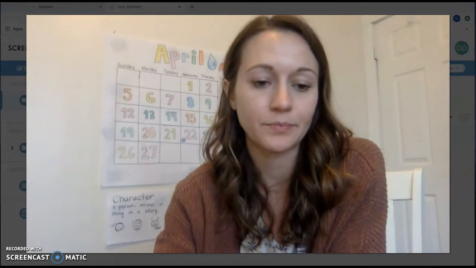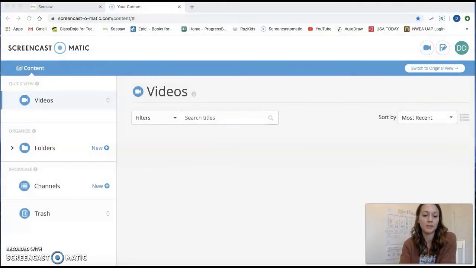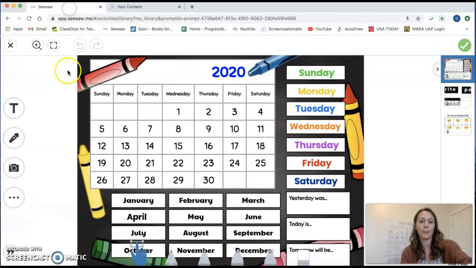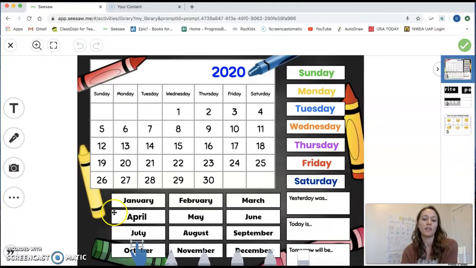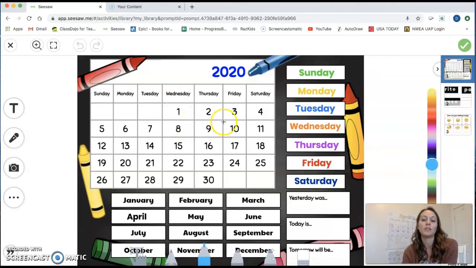All right, so let's take a look at our Seesaw activity and see what that looks like. Just give me a second while I pull it up. All right, so you have the calendar. We've done this a couple times now, so we should remember how to do it. You're going to use that hand tool to drag the month to the top. Then you can use your drawing tools, pick any color you want, and cross out the days we've had so far in our month.